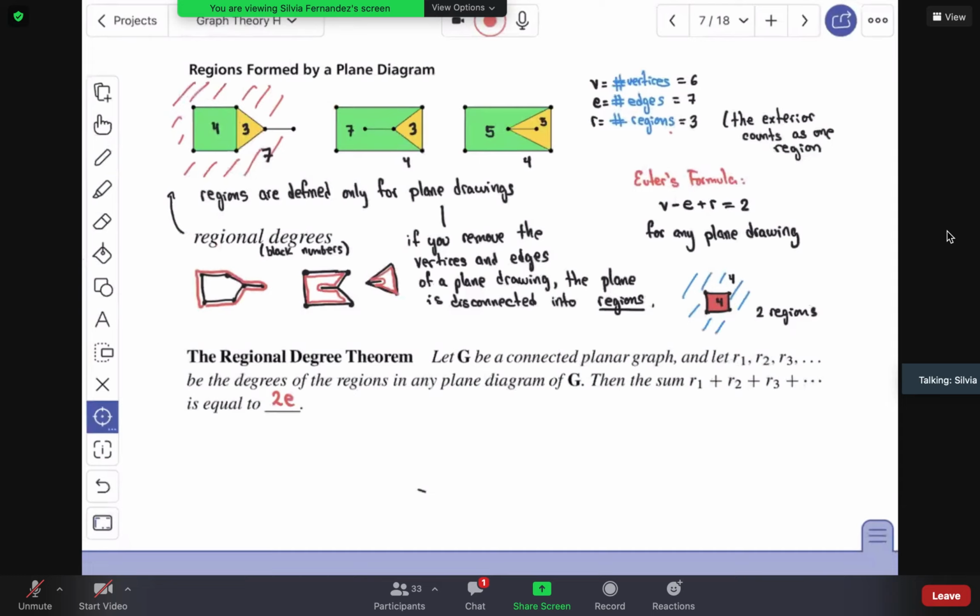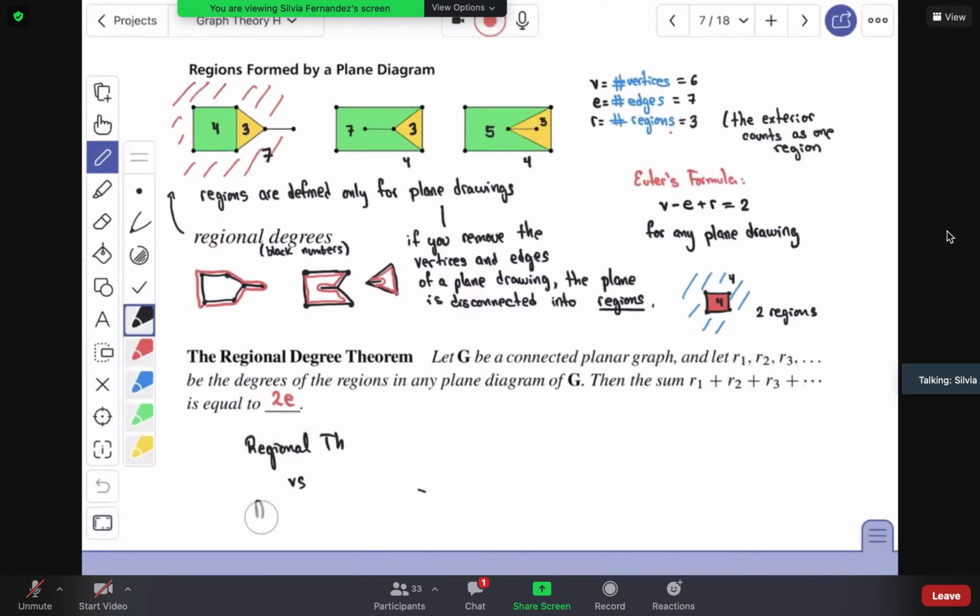So every single edge is counted twice. So the sum of the regional degrees equals twice the number of edges. And so this looks very similar to the degree theorem, right? So regional degree theorem versus degree theorem.